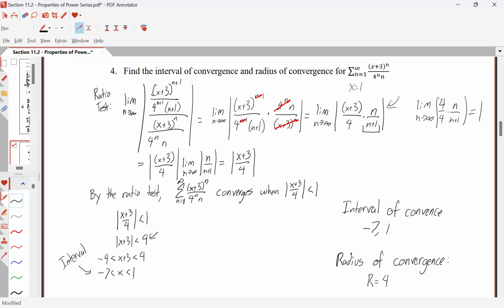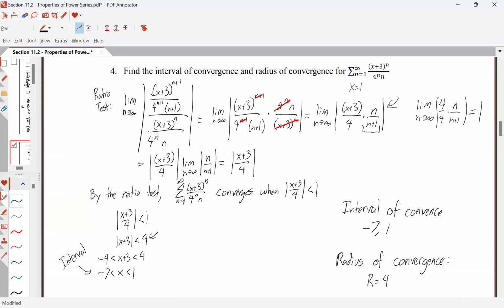If you recall from the ratio test, the ratio test is inconclusive when the limit equals 1. So if I plugged x equals 1 in, I would get a limit of 1. The ratio test, the thing we're basing everything on, is inconclusive. And the same would happen with -7.